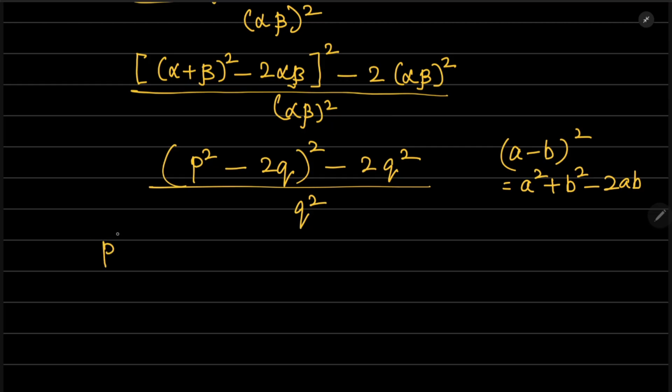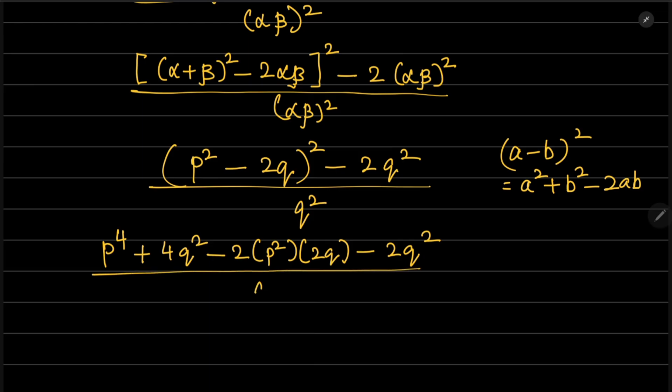A itself is p square, so a square will be p square the whole square, which is p to the power 4, plus 2q the whole square, 4q square, minus 2 into p square into 2q. Be very careful with the sign. Minus 2q square, whole divided by q square.